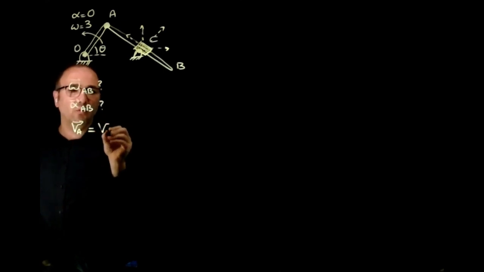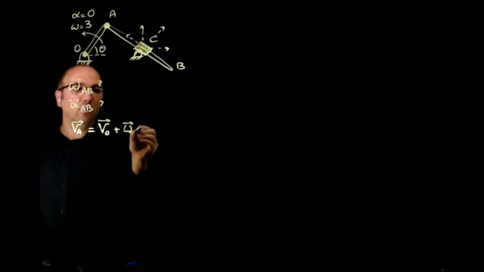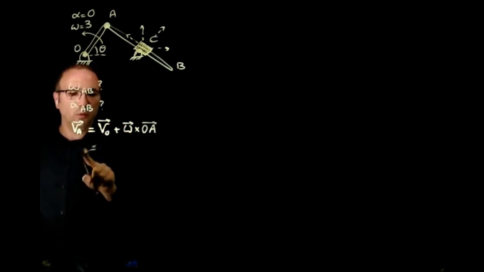So now, first we find velocity of A and acceleration of A from that rigid body. Velocity of A equals velocity of O plus omega cross OA, right? So velocity of O is 0.